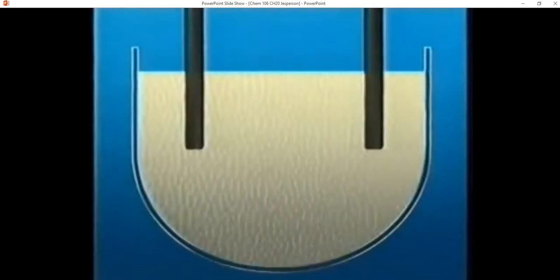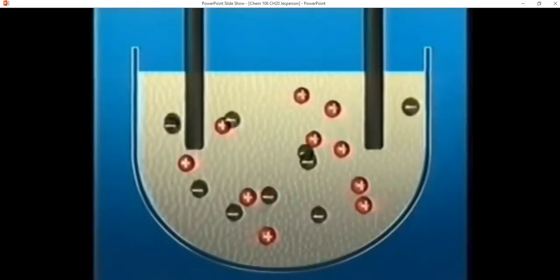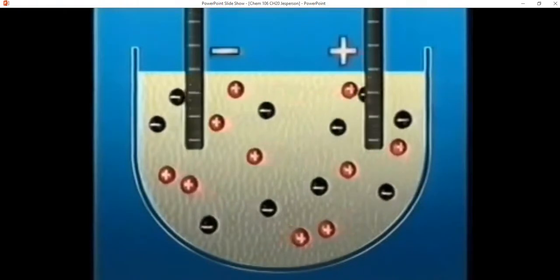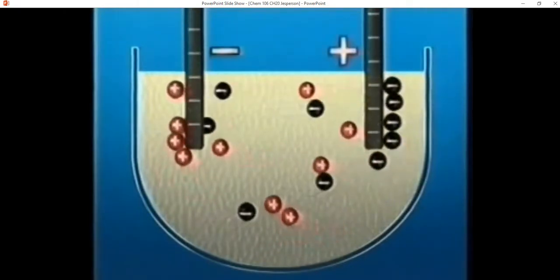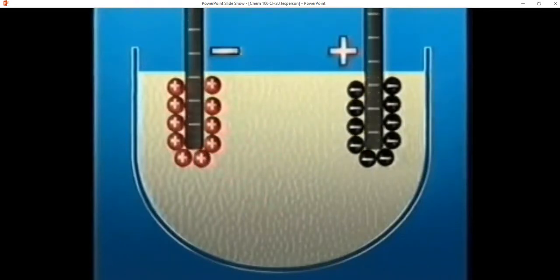To work out why this happens, imagine you can see the charged particles, the ions, in the compound. There are positive lead ions and negative bromide ions. Once the power supply is switched on, the lead ions are attracted to the negative electrode. The bromide ions are attracted to the positive electrode. Lead ions pick up electrons.